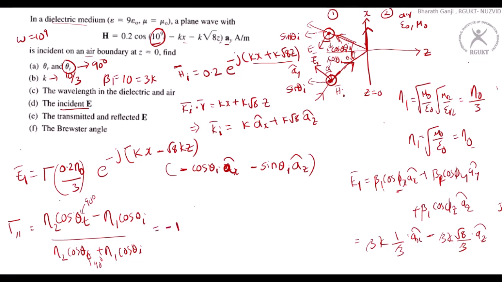So for the parallel polarization, the reflection coefficient is simply minus 1, nothing else. If I put a minus 1 here, then I get the final answer. So this is the expression for the reflected electric field.